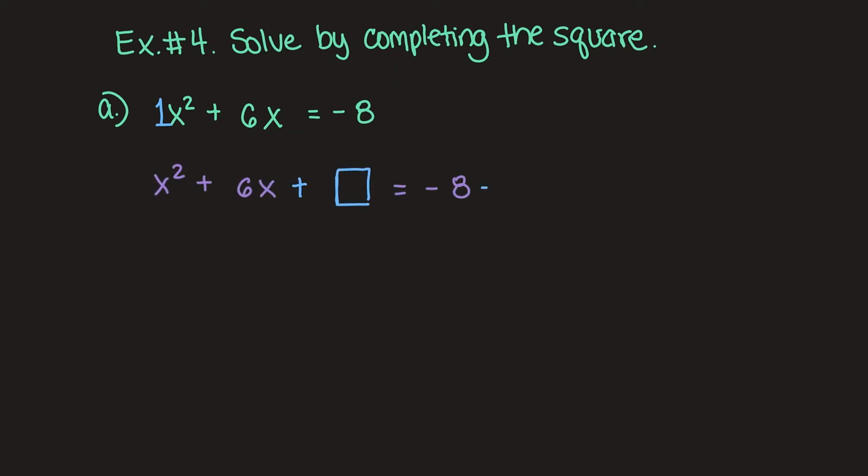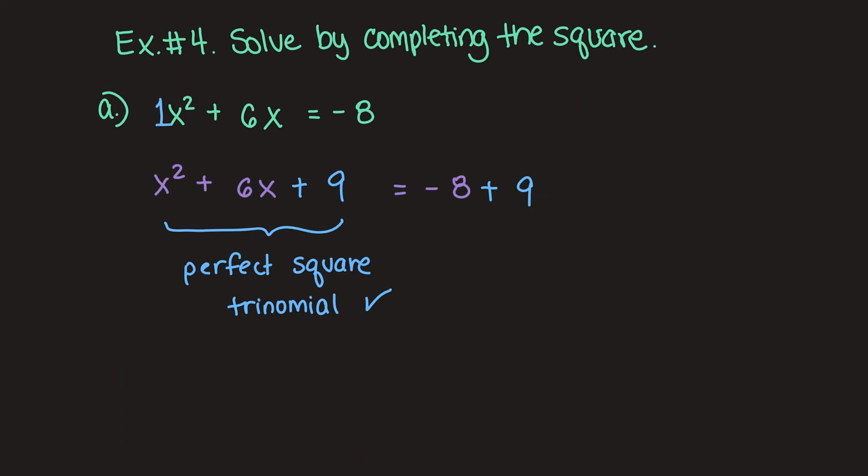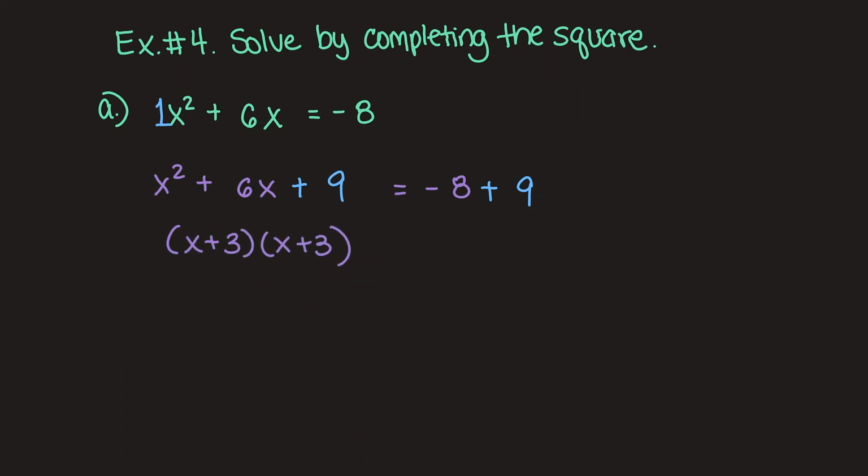So now to complete the square, we're going to add b/2 quantity squared to both sides. So 6/2 quantity squared, which is 9. And now we have a perfect square trinomial on the left side, which can be factored as x plus 3 times x plus 3, or x plus 3 quantity squared. And now that we have a squared quantity on one side and a constant on the other, we can use the square root property and take the square root of both sides.